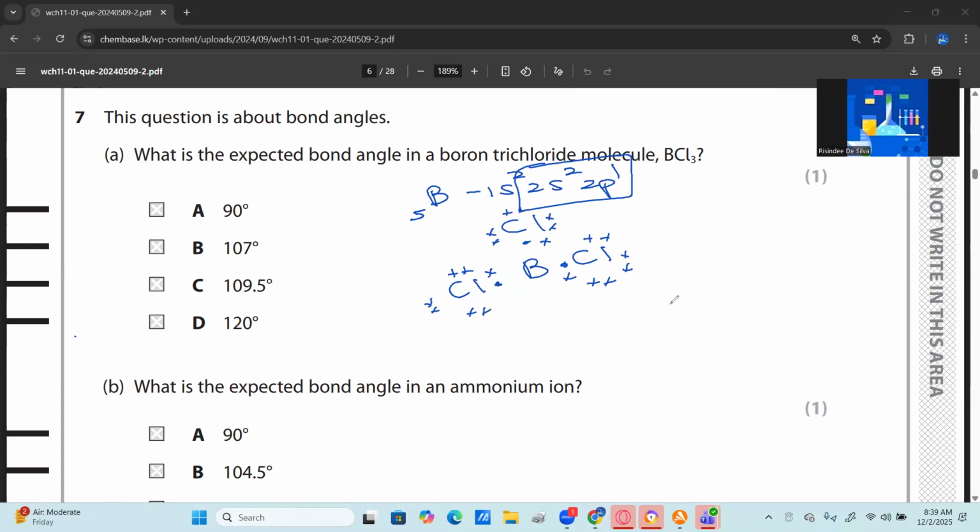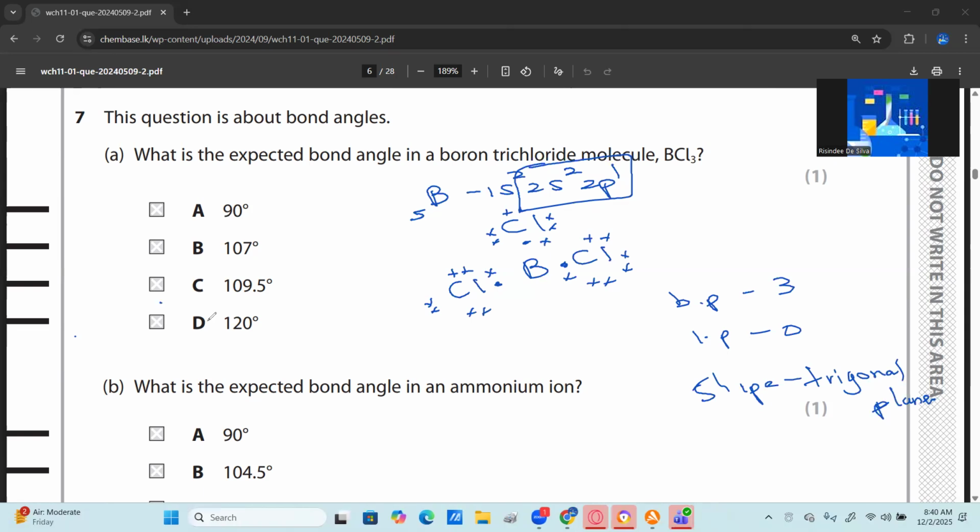Then the number of bond pairs and lone pairs is 3 bond pairs and 0 lone pairs. In your student book under topic 3, there's a table. When you see 3 bond pairs and 0 lone pairs, the shape is trigonal planar. When you have a trigonal planar shape, the bond angle is 120.